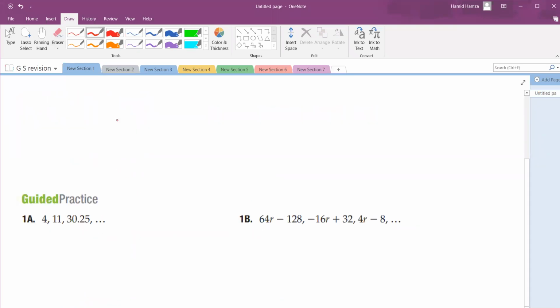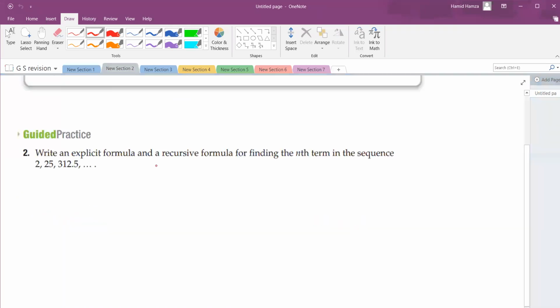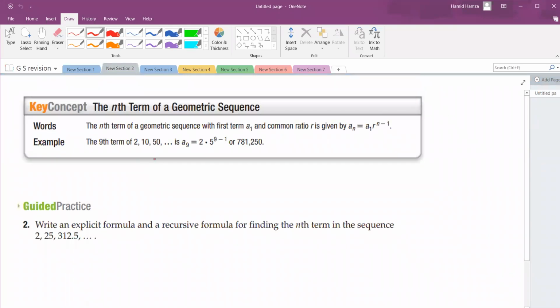It's like the previous one, so we'll skip it. Okay. The next part is the general term, or the nth term. We use this formula for the nth term: an equals a1 r to the power n minus 1. So there is also a shortcut way to find the terms.